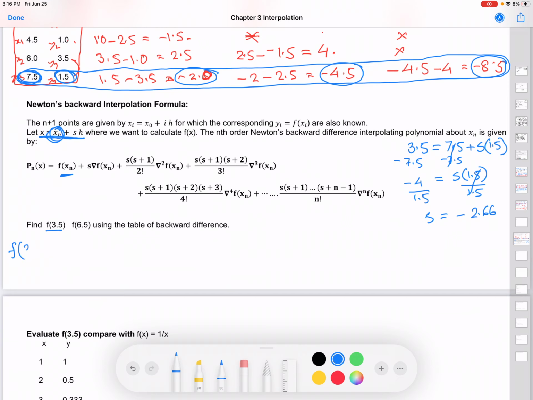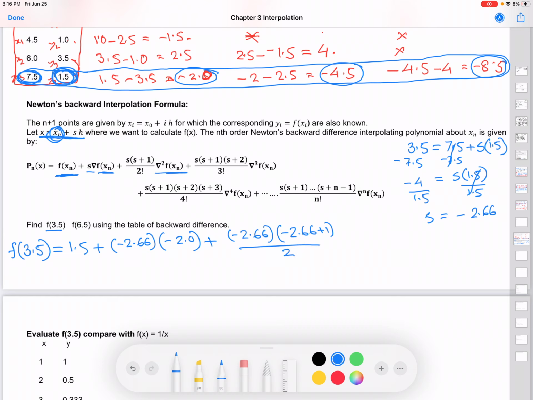If you want to find the function value at 3.5, you are going to use this formula. f of 3.5 is equal to, first, f of xn, which is 1.5, plus s, negative 2.66, times the first order difference, which is negative 2.0, plus s times s plus 1, negative 2.66 times negative 2.66 plus 1, divided by 2 factorial, times the second order difference, negative 4.5, plus s times s plus 1 times s plus 2, negative 2.66 plus 2, divided by 3 factorial, which is 6, times the third order difference, negative 8.5.